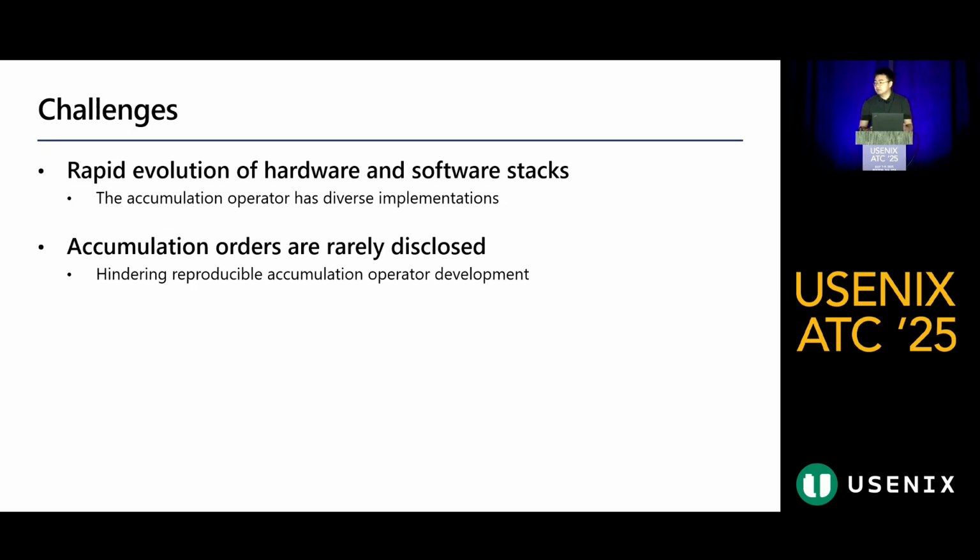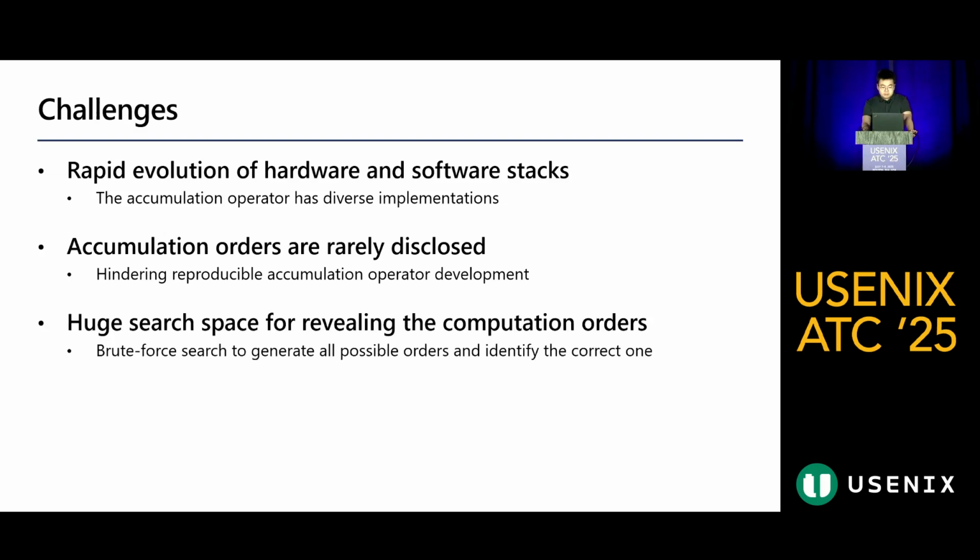For example, the N-series GPU implementations are not disclosed. This hinders the development of reproducible accumulation order. Third, the huge search space for revealing the computation orders, because we could brute force to construct all the accumulation order trees, but that is not acceptable when the data element size is very large.